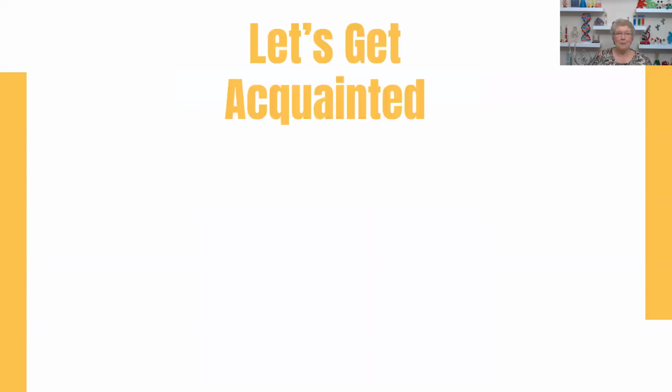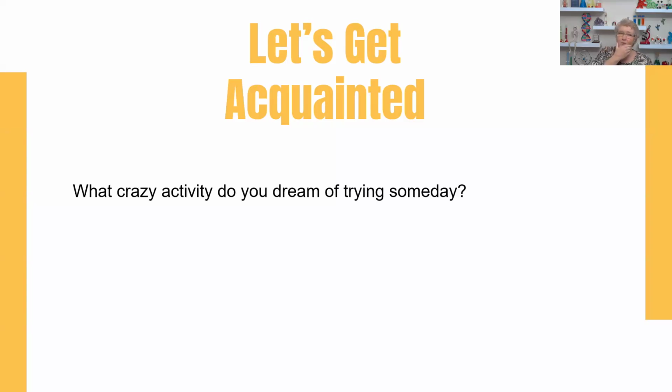All right, let's do a couple more of those get acquainted questions. I think this is a good way for us to get to know each other a little bit at the beginning. So using one or two words, type in your answer to these questions. First, what crazy activity do you dream of trying someday? You define crazy.